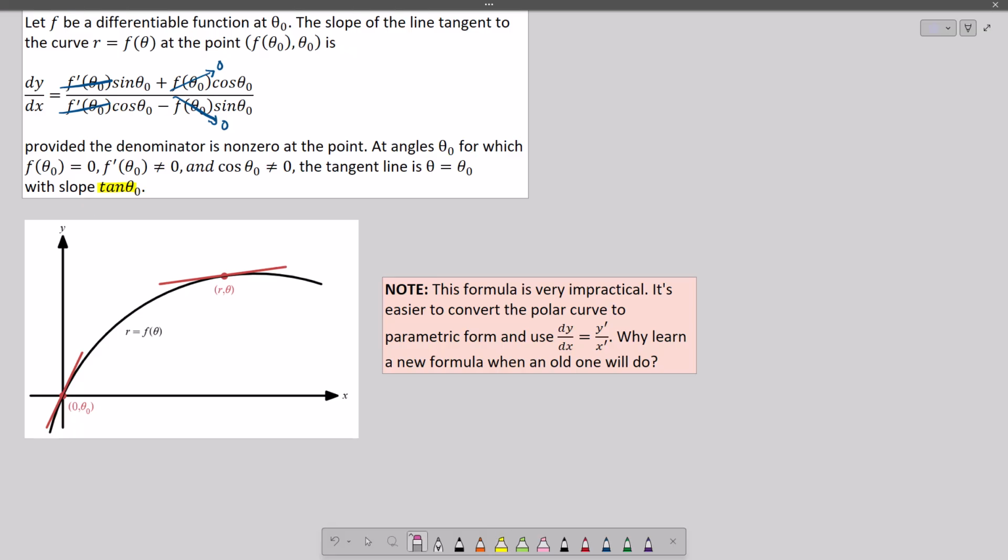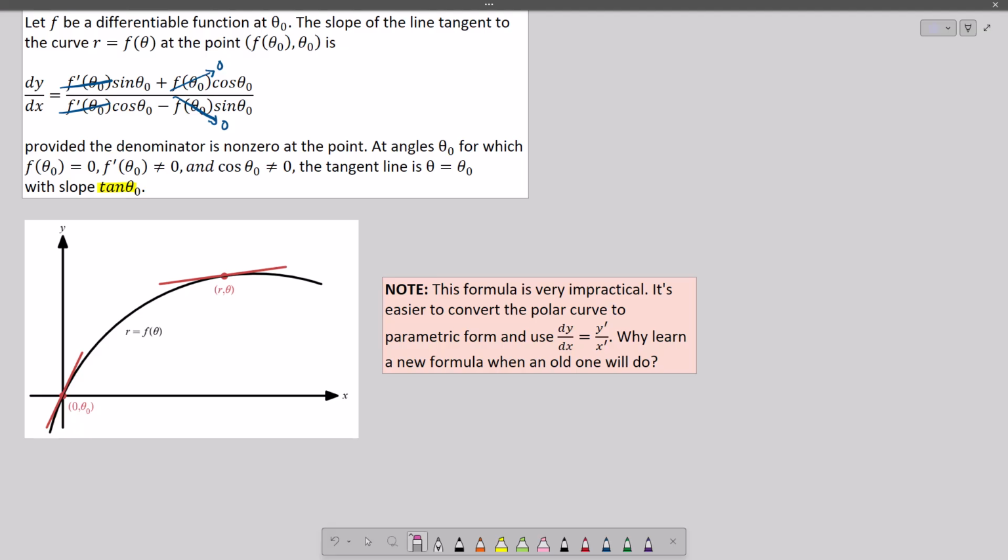Question, Daniel? No. You have a puzzled look. So, do you agree that if we're at the origin, the r value is 0? So if we're plugging in theta equals, say, pi over 3, if we plug in theta equals pi over 3, we're getting 0. That plots the origin. Okay, well, if pi over 3 has an r value of 0, same thing, f value, r value, because the way the book introduces a new letter.